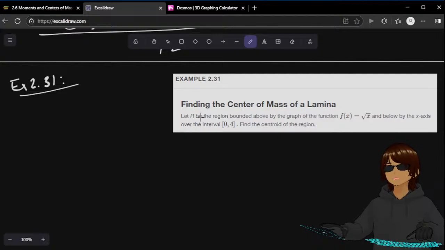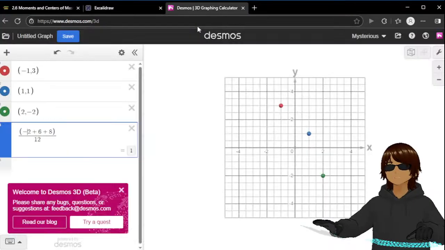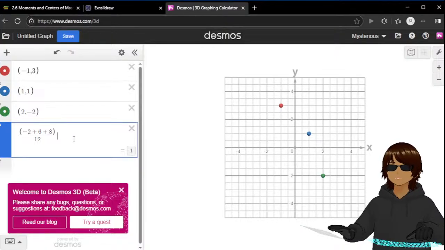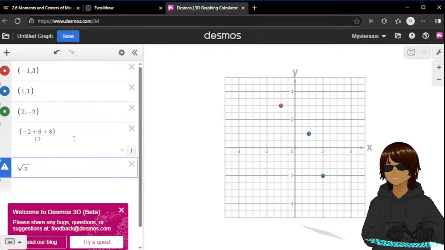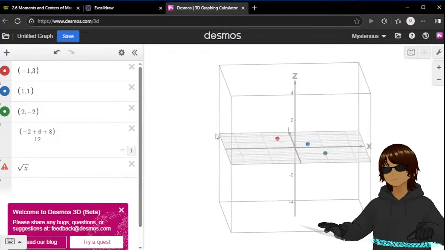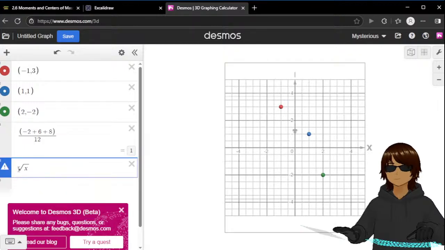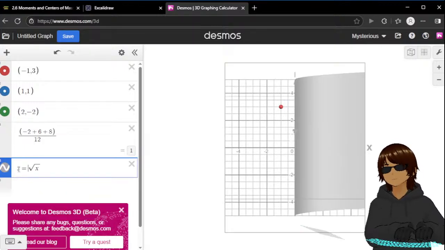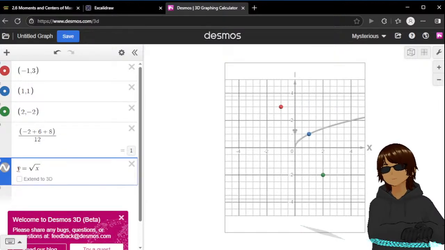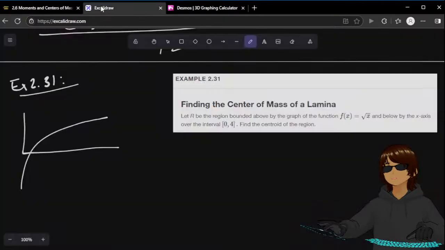Let R be a region bounded by the graph of the function f of x equals, okay, let's see, I'm assuming it's something like this. Root x. Sorry, I drew a log graph.